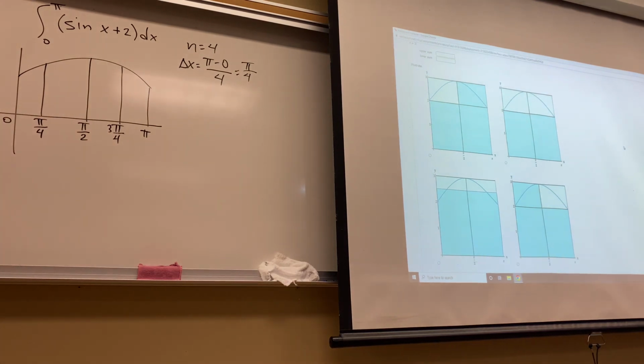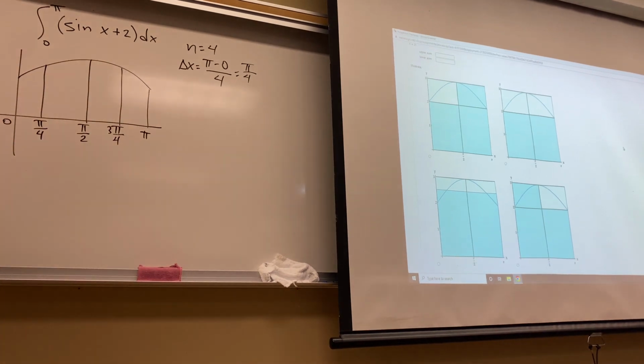Okay, is everybody okay with that part of it? This is nothing different than the left-hand rule or right-hand rule. All we're doing is making our rectangles.